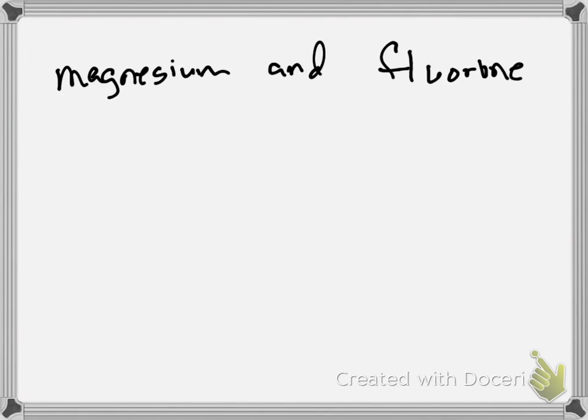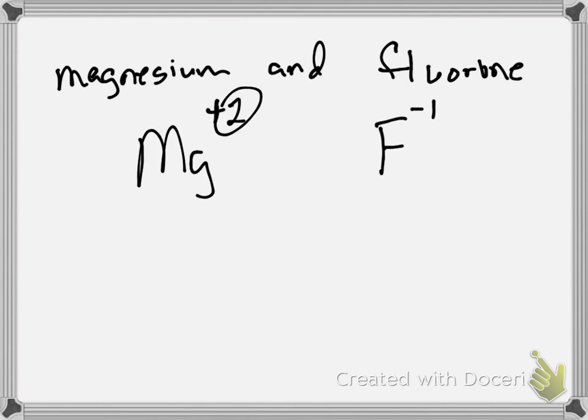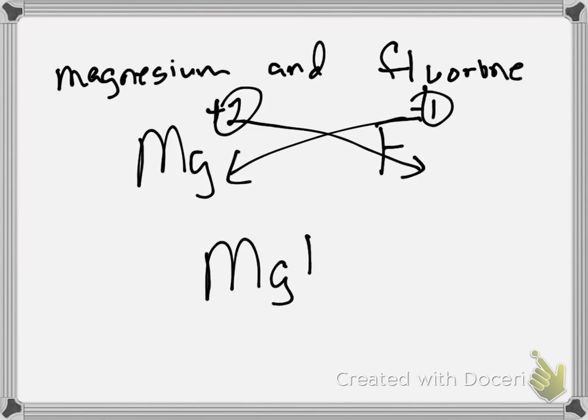Let's take a look at magnesium. Magnesium is Mg, and it has a +2 charge. So I'm going to go ahead and write that magnesium +2 charge. Fluorine is F with a -1. Now, +2 and a -1, they don't cancel each other out. So I'm going to take my 2 and put it here, my 1 and put it here, and my formula is going to be MgF2.